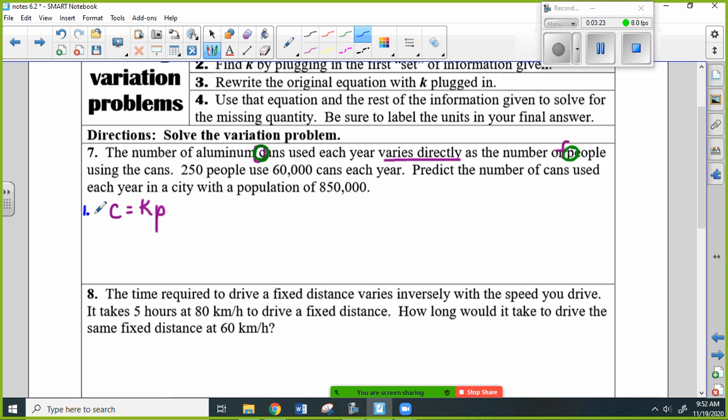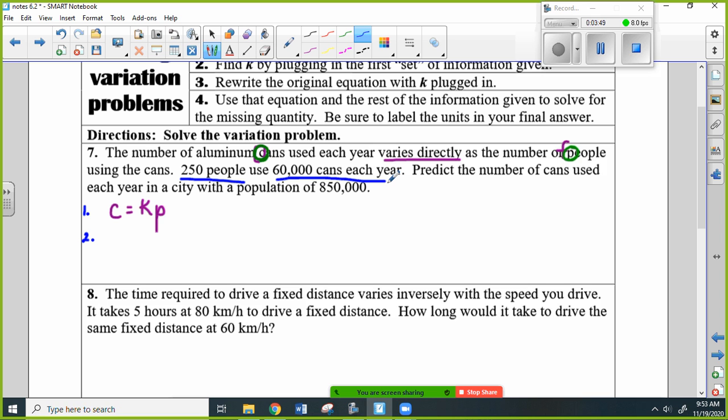Now the second step is that we're actually going to find K, but we're going to find it by plugging in the first set of information given. That means what information is given together. It says 250 people use 60,000 cans per year. So those two things are happening at the same time.